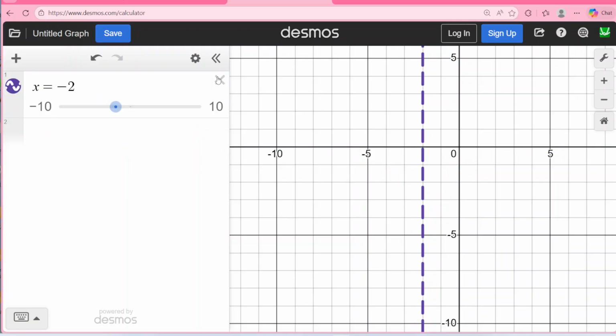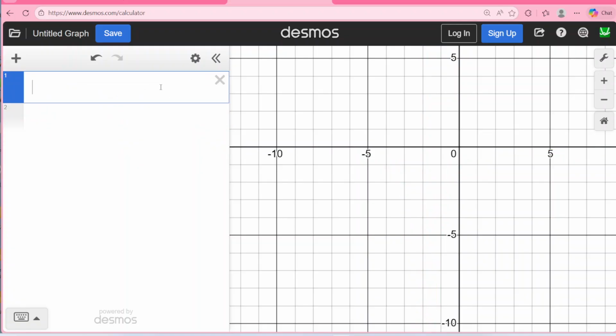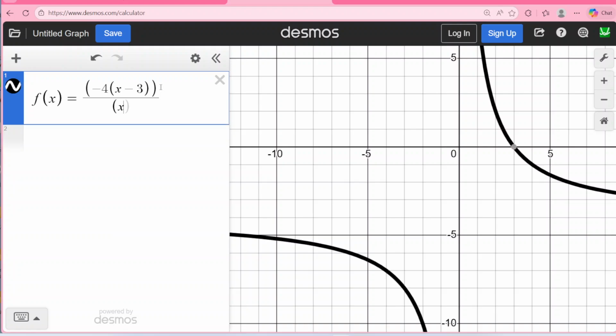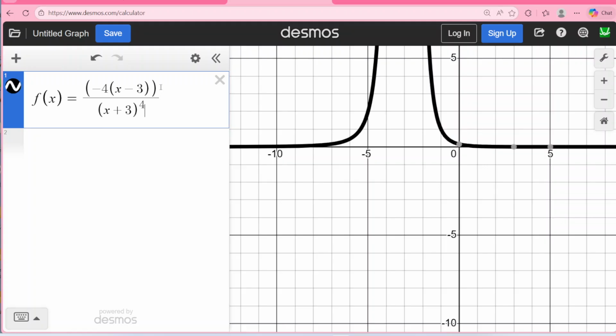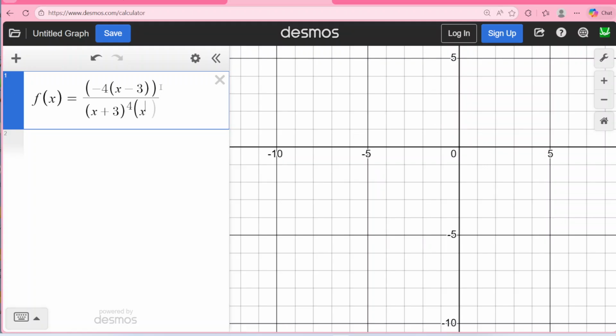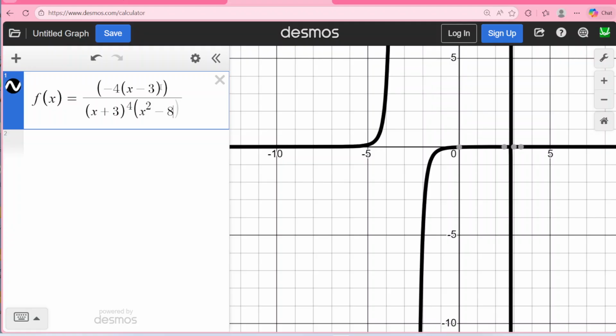So I'll put in the original function the way they gave it to me. It was f of x equals, I'll put the numerator in parentheses, negative 4 times the quantity x minus 3, divided by x plus 3 to the fourth power, multiplied by x squared minus 9.